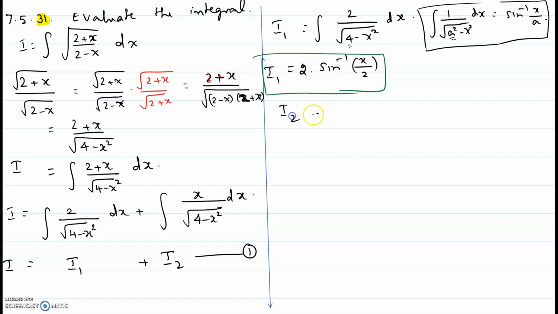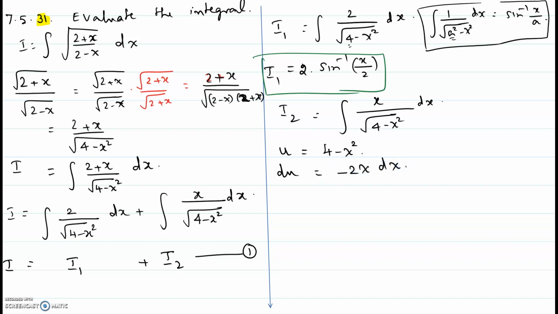Then we will do I2, the second integral in step 1, which is the integral of x over square root of 4 minus x squared dx. This can be done by ordinary substitution. Let's assume u equals 4 minus x squared. du is negative 2x dx.